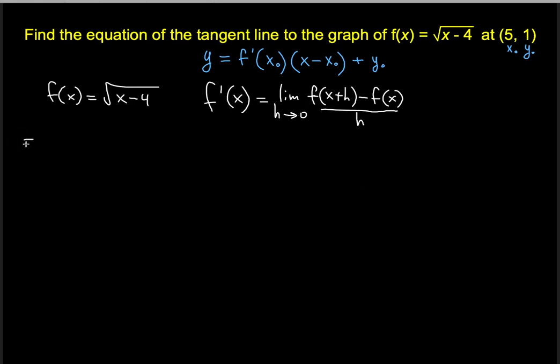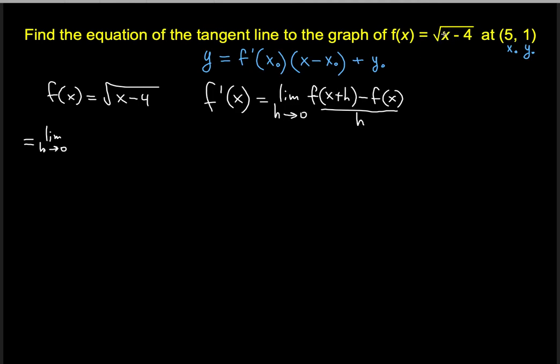And of course now we're going to be substituting the values and the information that is available. So we're going to do the limit as h approaches 0. And f of x plus h basically means that you're going to substitute the x in the input with x plus h.